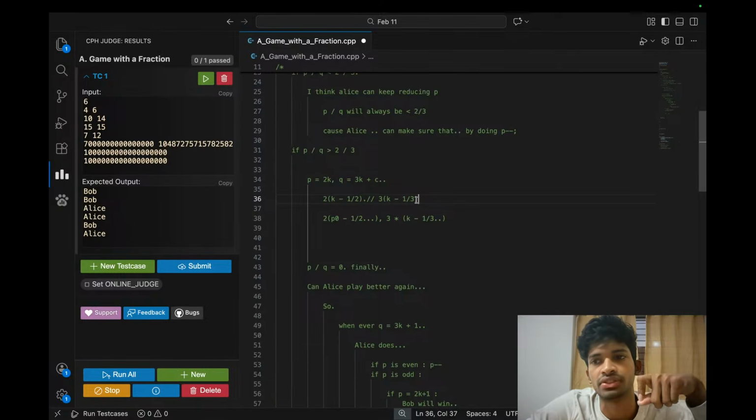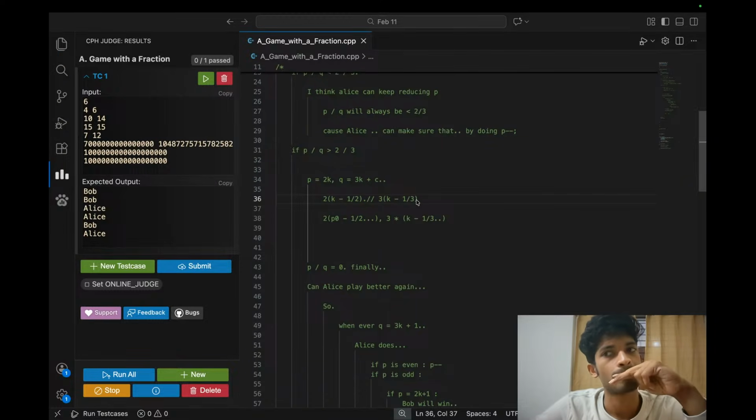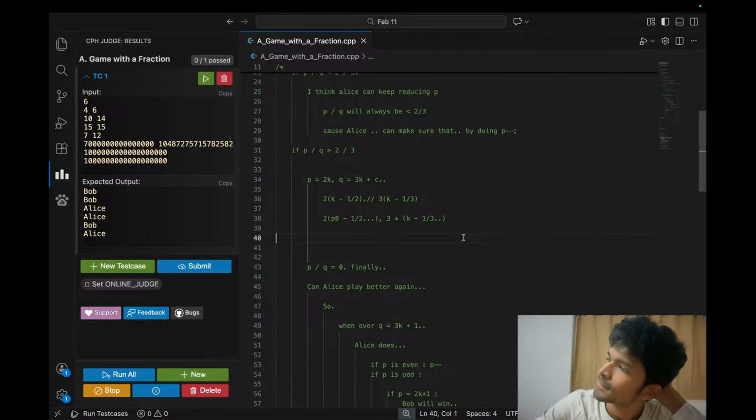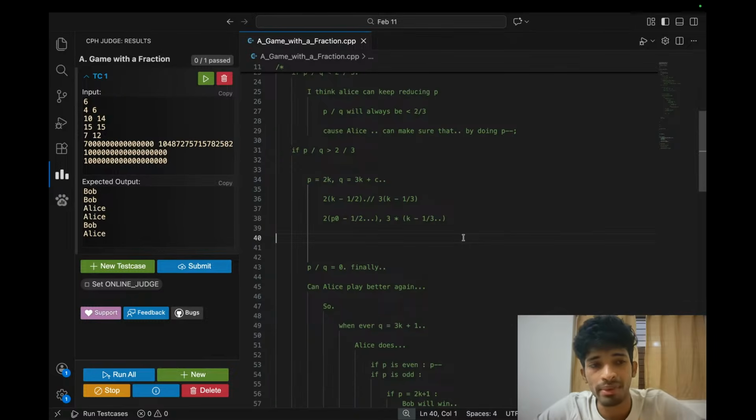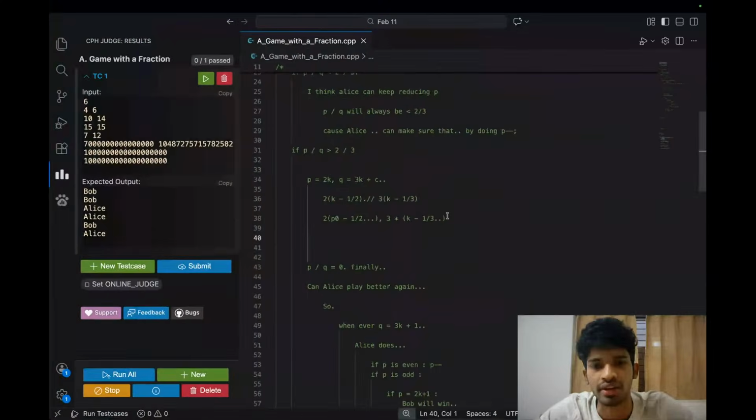Either minus 1 is happening. Will it definitely reach 2 by 3? May not be, right? I don't know. Maybe it reaches 2 by 3 always. Should I guess that? But guessing is too bad, right?